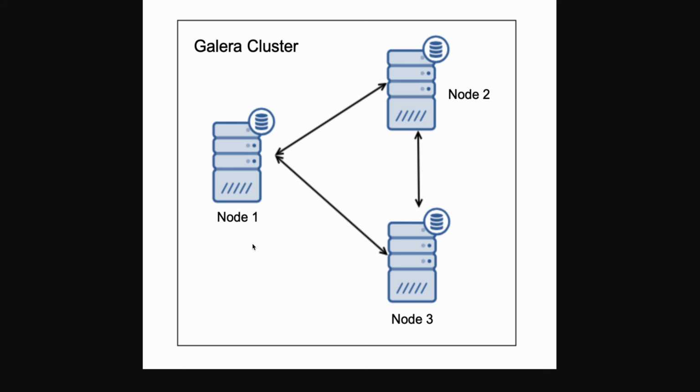There are some characteristics that we need to know about these types of systems. So right now we know what a cluster is. A cluster is a set of nodes or a set of servers which are connected together and behave as a single unit.